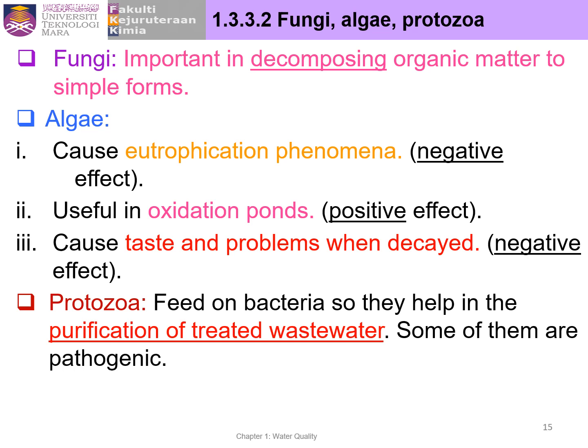An example of a positive impact is that it is very useful in oxidation ponds. But for the negative effect, it can cause eutrophication and also cause taste and odor problems when decayed. And then the third one is protozoa. This is very important in the purification of treated wastewater.